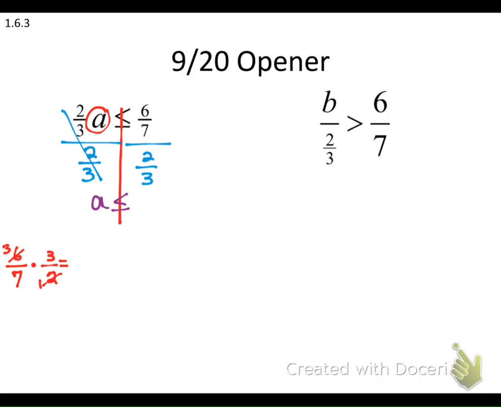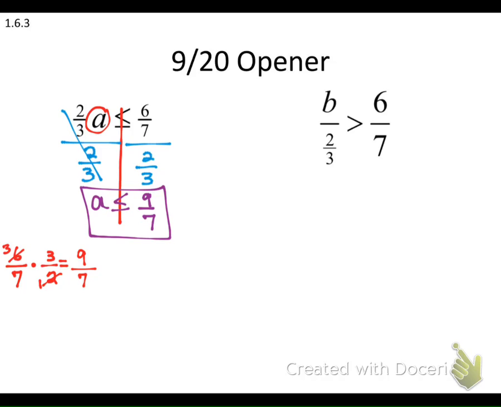So 3 times 3 is 9. Denominator, 7 times 1? 7. So my final answer is going to be 9 over 7. So a is less than or equal to 9 over 7. Thumbs up if you got that on your own. Did any of you guys try to show the extra work for extra credit?